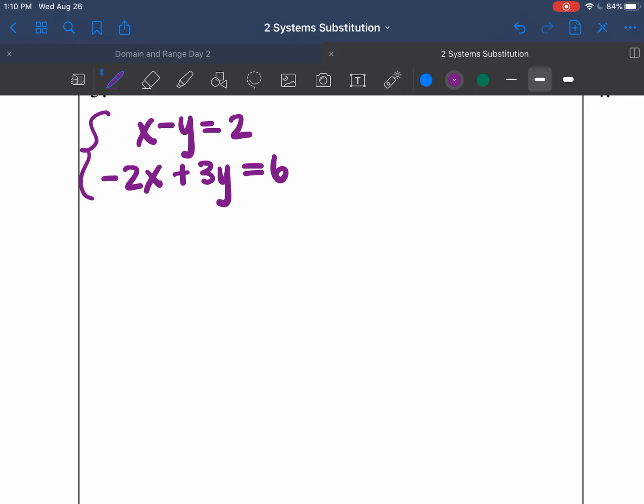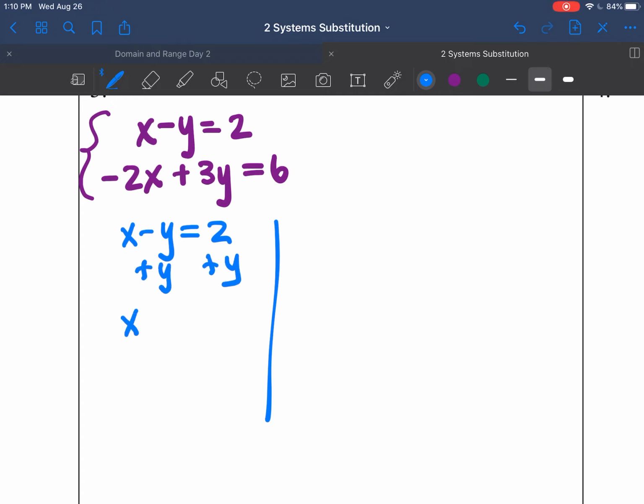And so now, when I make my columns to solve for a variable, I'm going to pick the top equation to isolate either the x or y. Let's isolate x this time. And so x equals 2 plus y. I'm going to write this second equation, the one I have not used yet, over here.